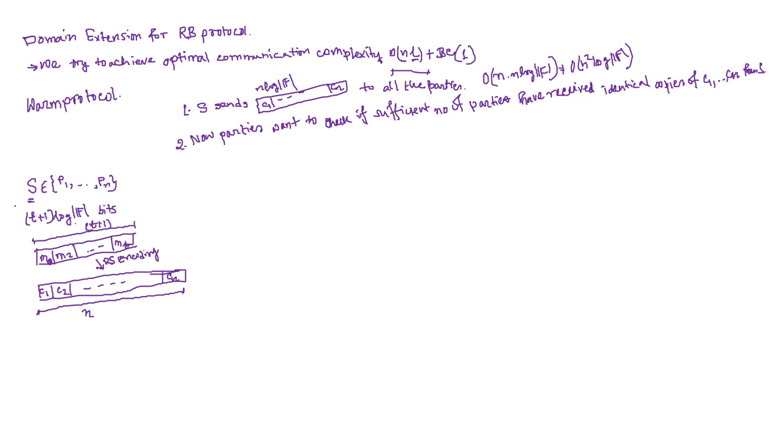And for doing that, there will be basically n C2 number of communications.